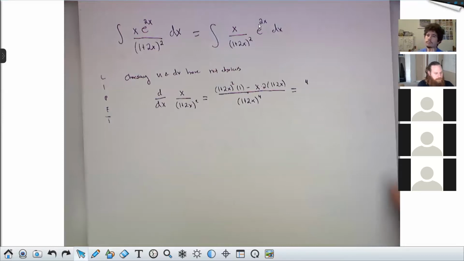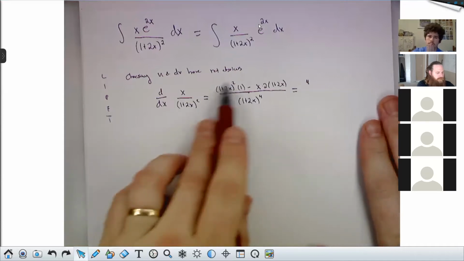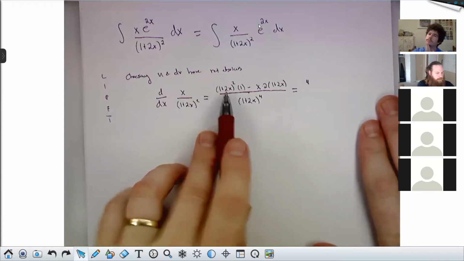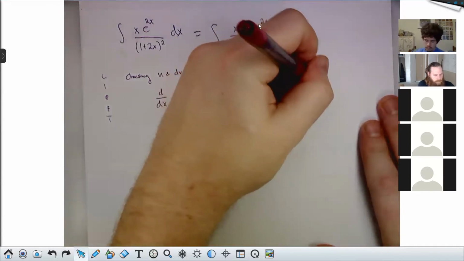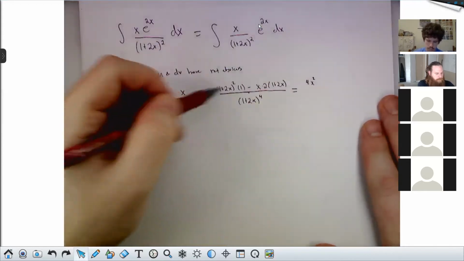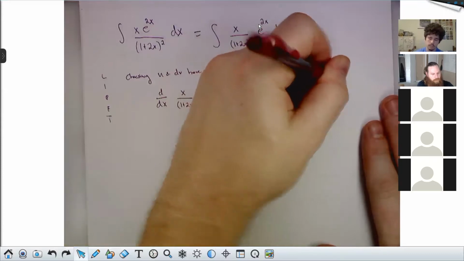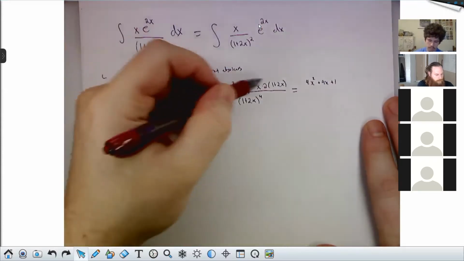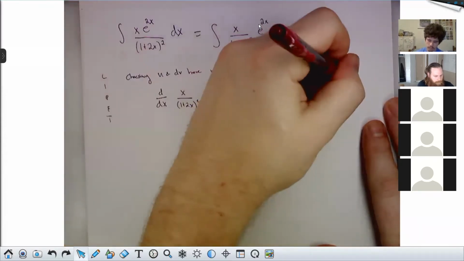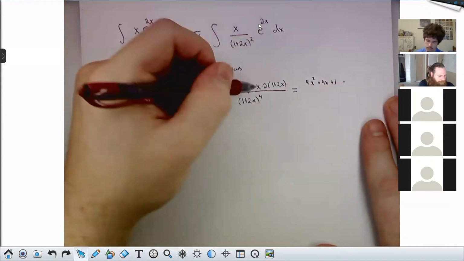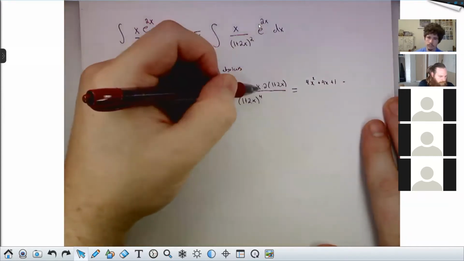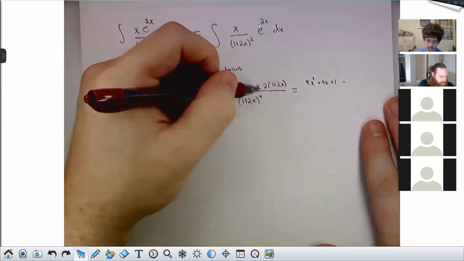All right, I'm going to pick up here. So now if we FOIL this out, I would get 4x squared plus 4x plus 1. And then when I distribute this, I'll have minus 4x squared minus 2x.